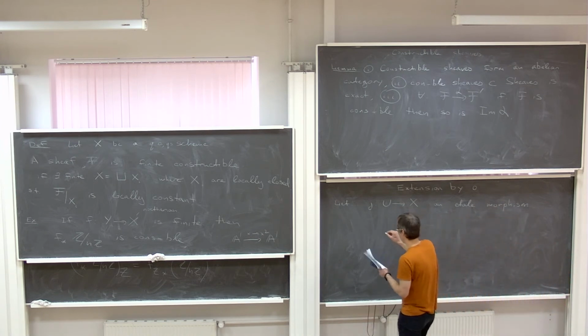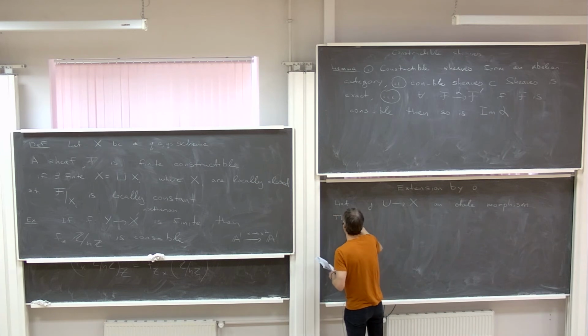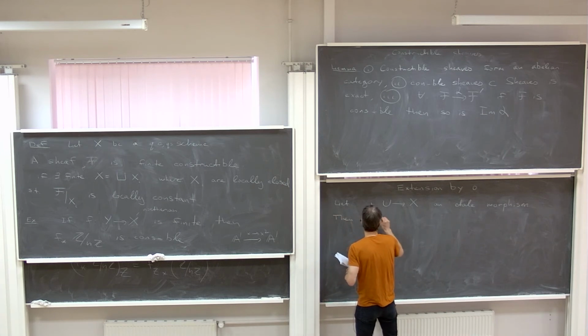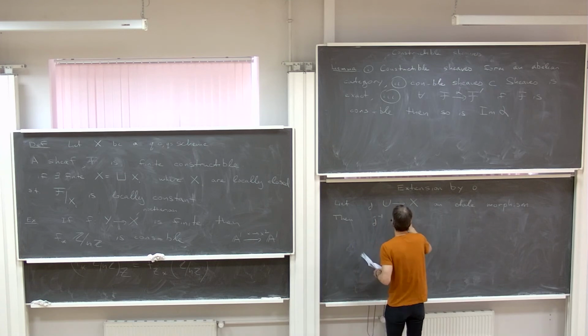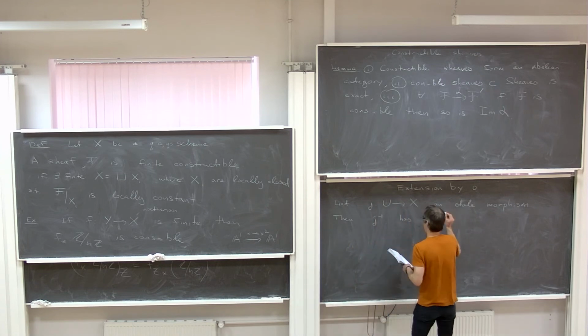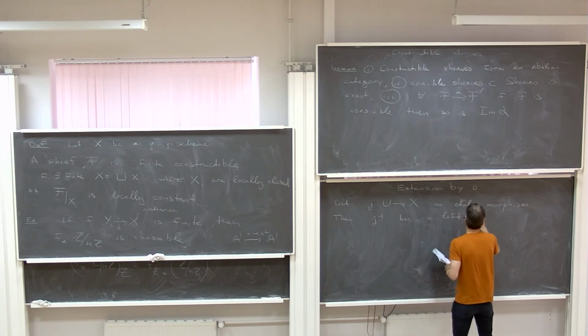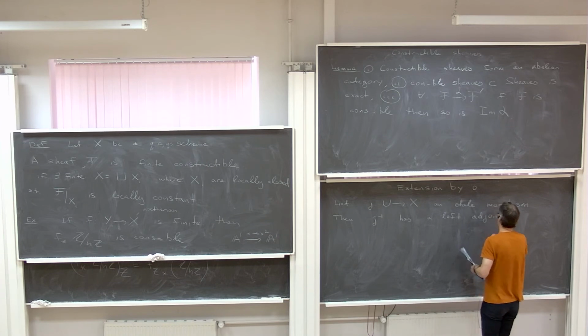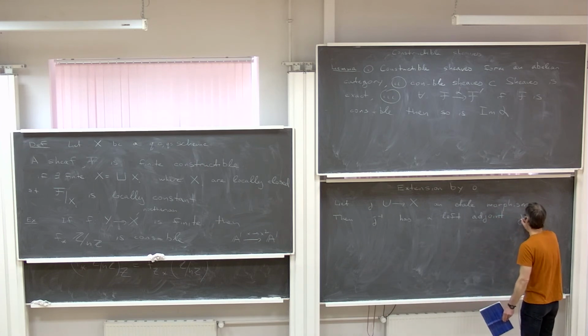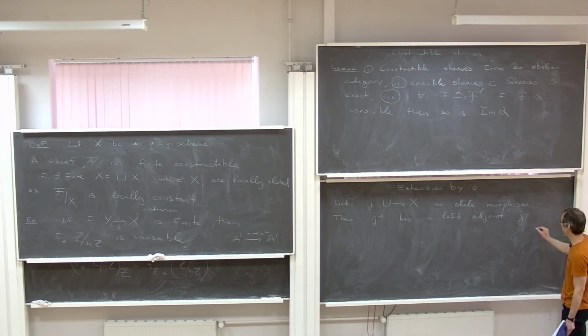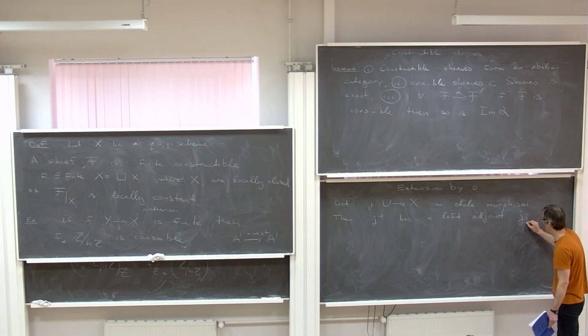Then I claim that the functor j inverse has a left adjoint, which is called the extension by 0, or j lower shriek.